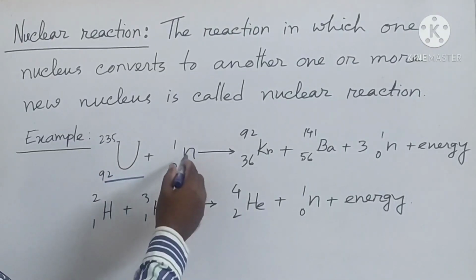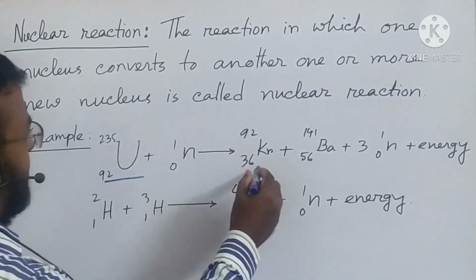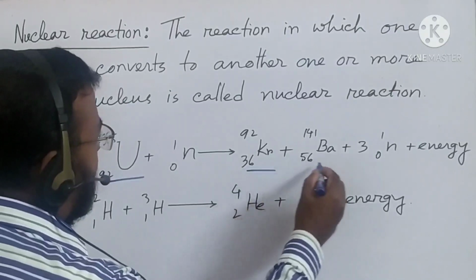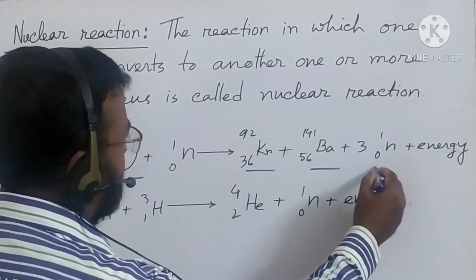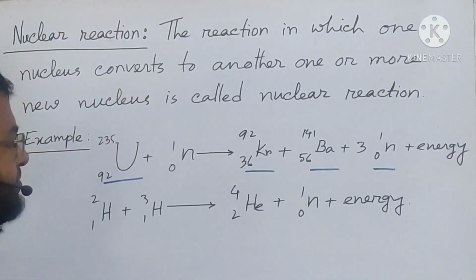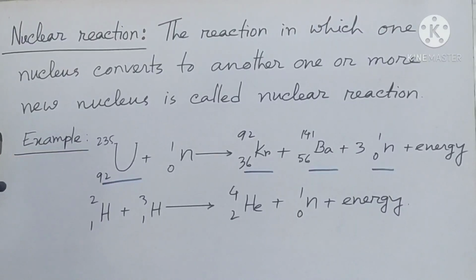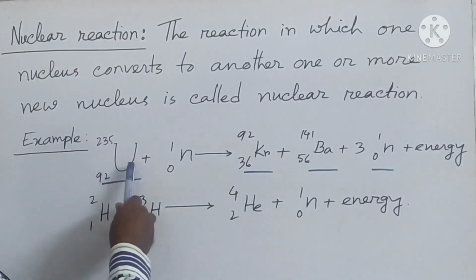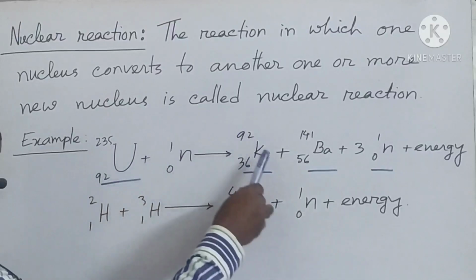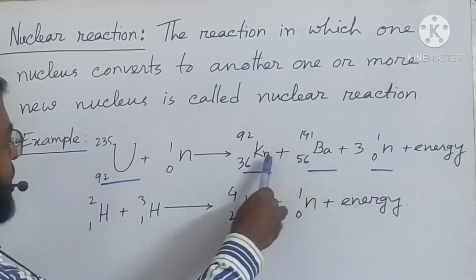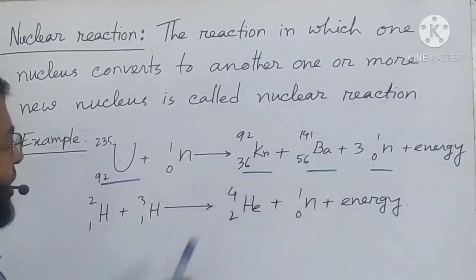If it is struck by a neutron, then it makes krypton and barium and 3 neutrons and a huge amount of energy. So here one nucleus is just converted to two other nuclei, one is krypton, another one is barium.